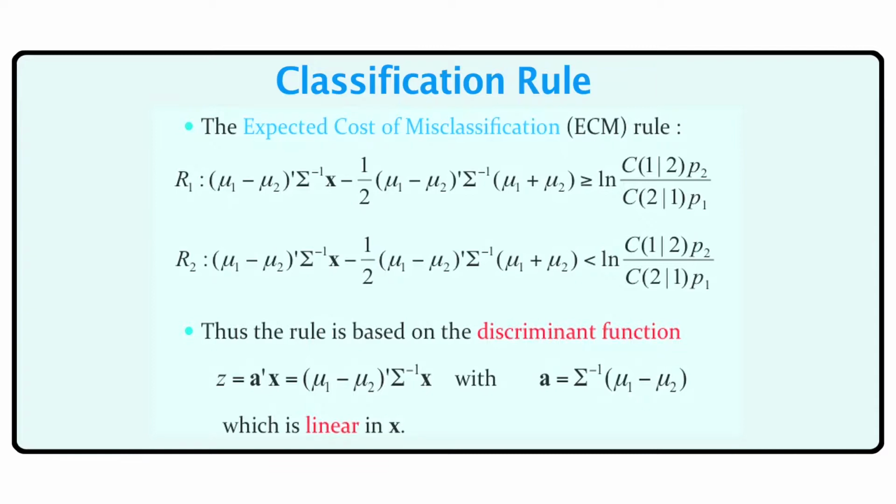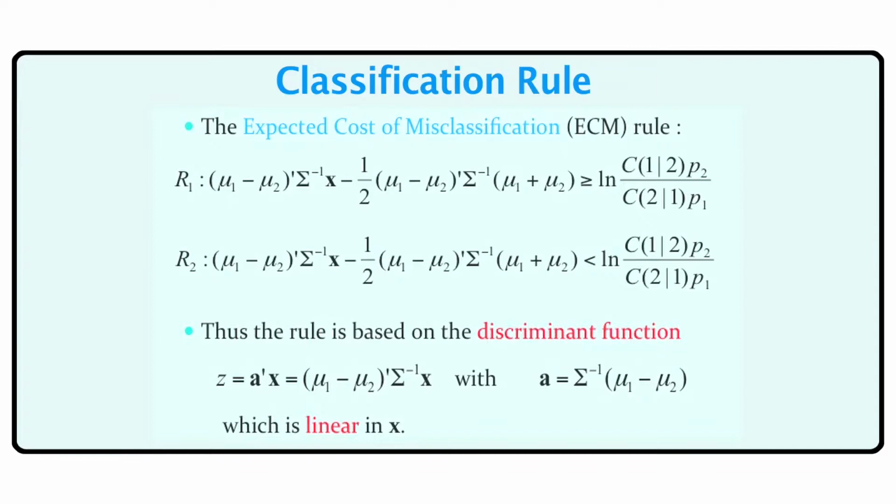Why is this referred to as the discriminant function? If you go back and look at R1 or R2, you will see that z is the first term on the left hand side, and that is the only term which involves x. The second term on the left hand side is independent of x. It just depends on the parameters, and hence, given the parameters, is known.